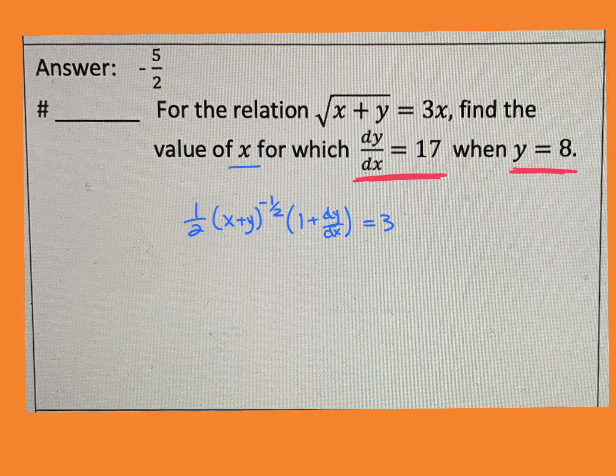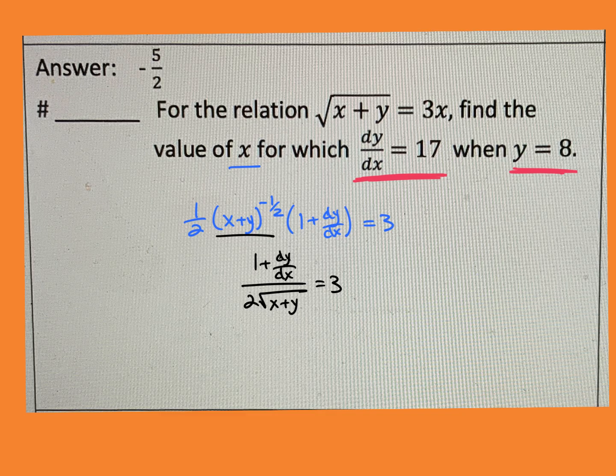Before I keep going, I want to simplify this a little bit. The 1 plus dy dx stays on top, and the 2 goes to the basement, as well as this power of -1/2, which is really a square root of x plus y. And so that is equal to 3.